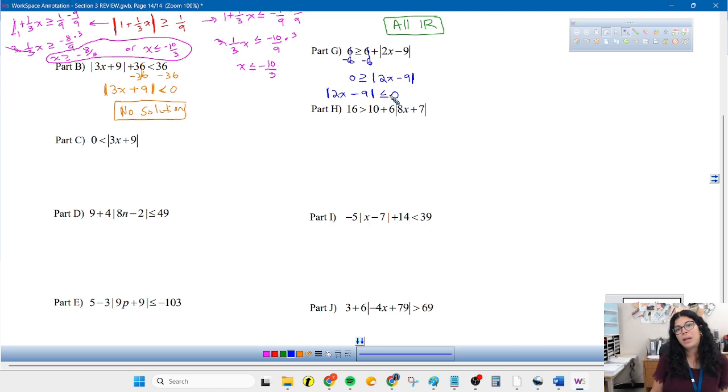And if we think about that, it cannot be less than 0. No matter what I put in here, it's going to either be 0 or a positive number, more than 0. So the less than 0 part can't happen, but the equal to 0 part can happen. So the only thing that would make this inequality true would be that what's inside of the absolute value, the 2x minus 9, is actually equal to 0, which would mean that the only solution would be that x is specifically 9 over 2. So there's just one solution.